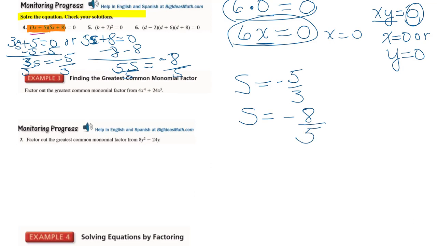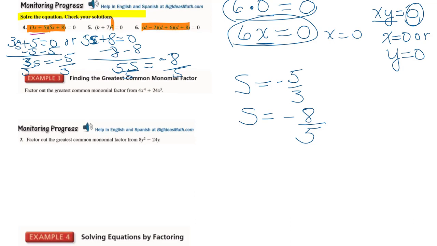So you're going to do that for each of these. Now in number 5, the nice thing is because that's squared, there are two of them, but they're exactly the same. So you don't have to solve it twice. Number 6, on the other hand, there's three choices for d.